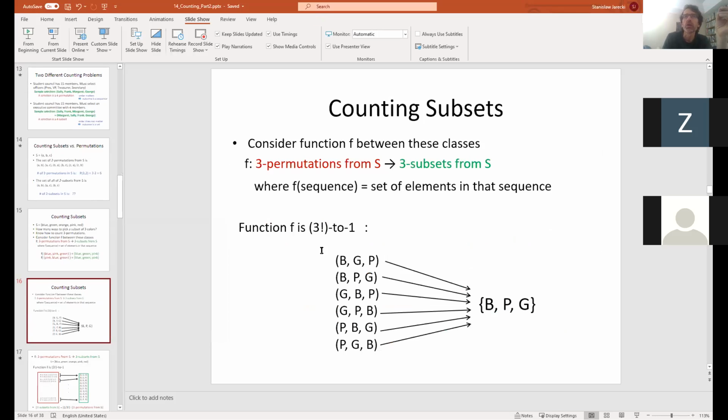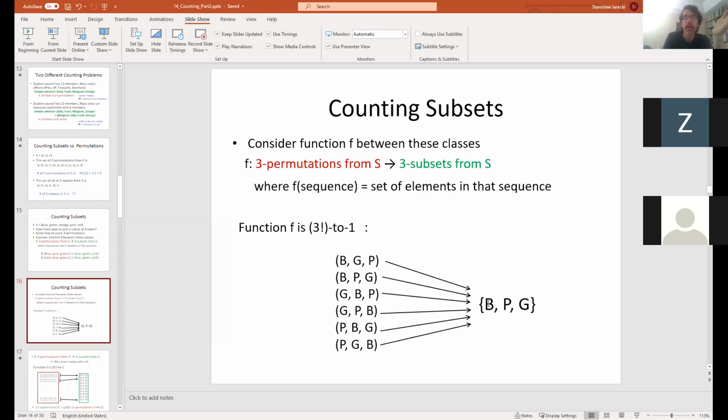That's your k. So the function is, if I take 3 elements and basically I kill the order between them, which is what that function does, it's like an order eliminating function, order flattening function. Then how many things will get mapped to the same?